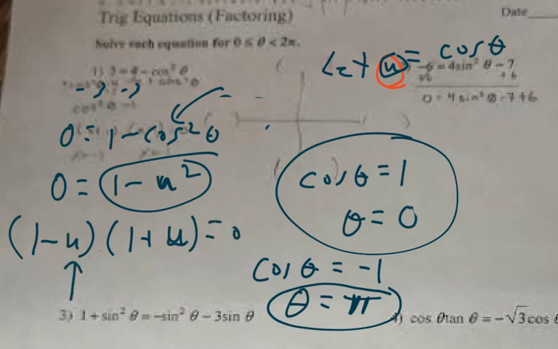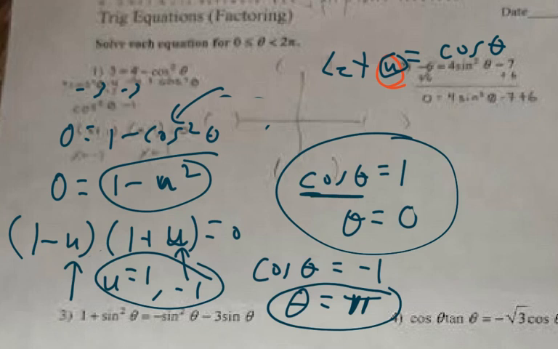And this means u is still plus or minus 1. So u is going to end up being 1. Here it's going to be negative 1. So then we're just going to set cosine theta equal to 1, and we're going to set cosine theta equal negative 1. So we end up getting the same result anyways.